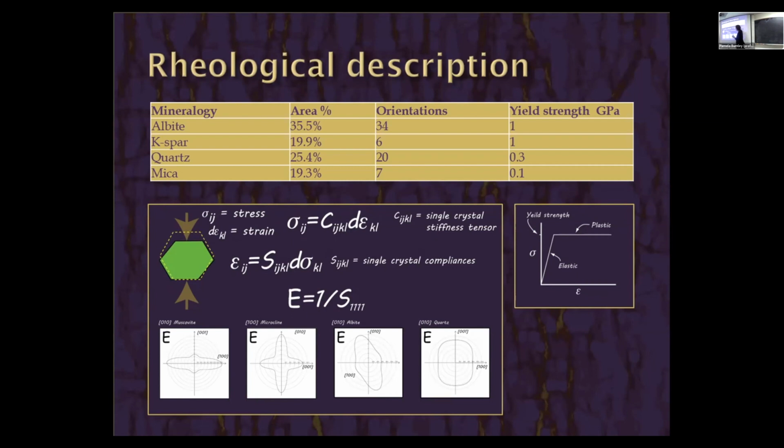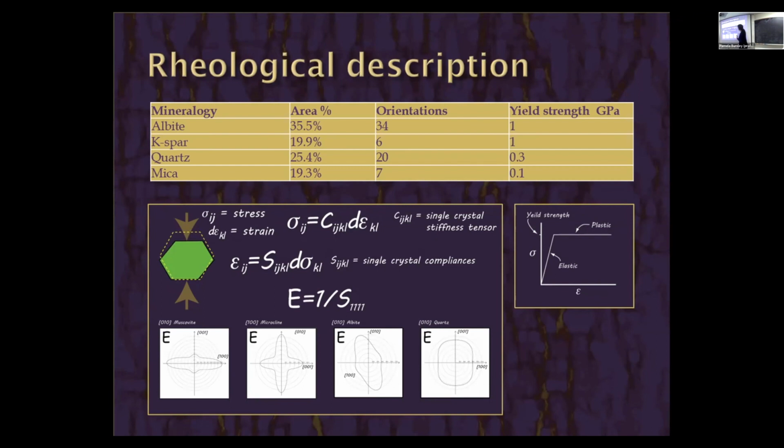I took the area fraction from a normal granite composition, and then I used the stiffness tensor, the Cijs, to give me a suite of apparent Young's moduli appropriate for these minerals, and then I put in the yield strengths from the literature.